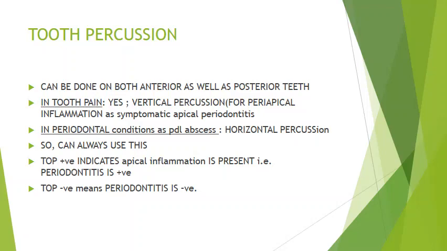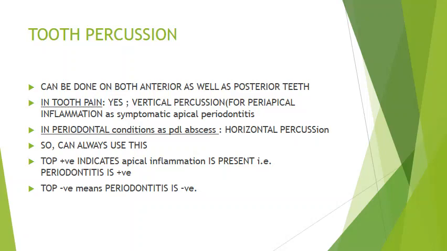Example, acute apical periodontitis. So when a tooth has symptomatic apical periodontitis, it will be more sensitive to percussion than the contralateral or the neighboring tooth.